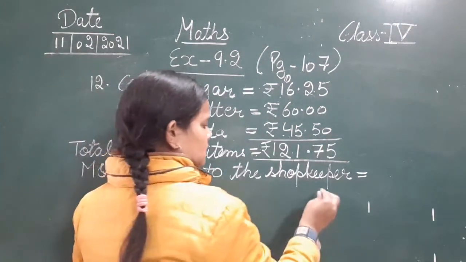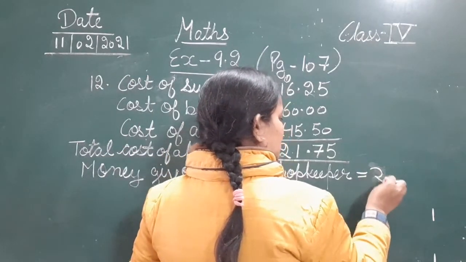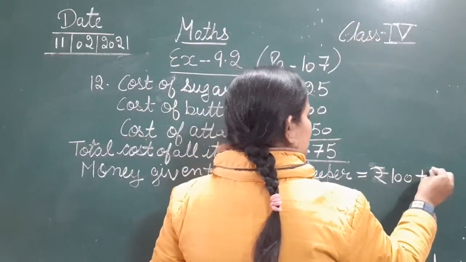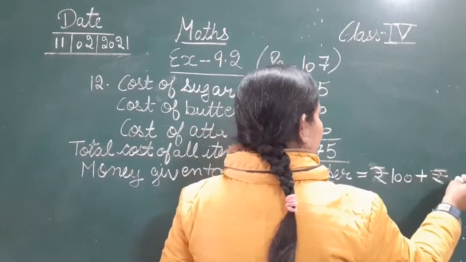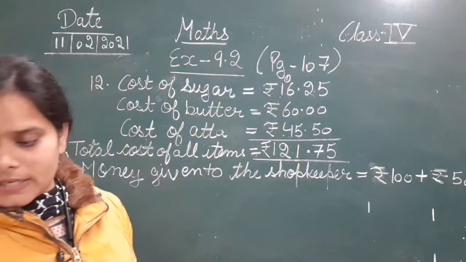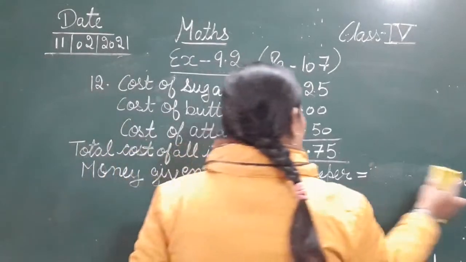That is rupees 100 plus rupees 50. This is the amount that he has given to the shopkeeper. So let's write it again.